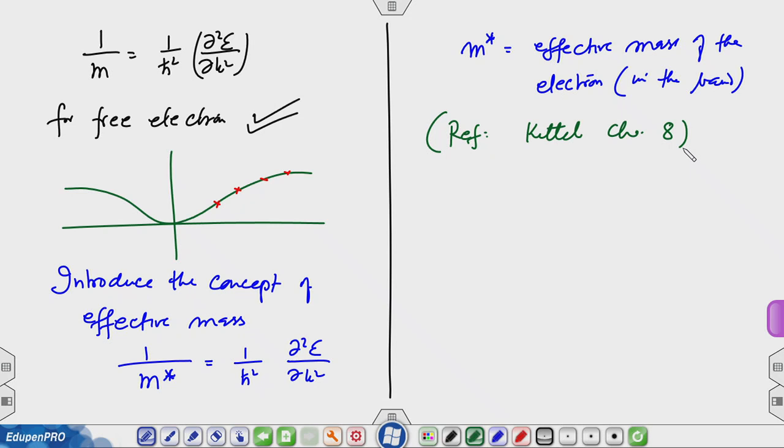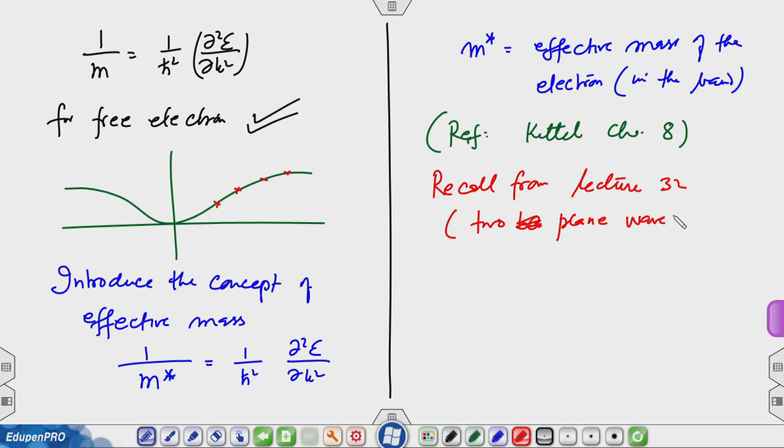Now, let us just see what this effective mass looks like. So, recall from lecture 32 the plane wave model of a band.